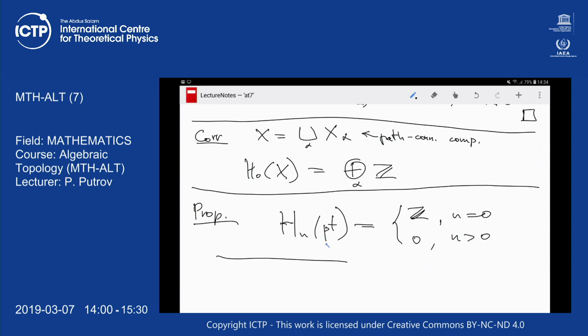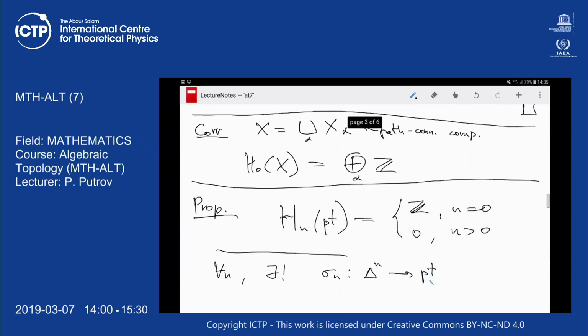Since our topological space is a point, for any n there exists a unique map, which will be denoted by sigma n, from delta n to a point, right? Because there is a unique map to a point.